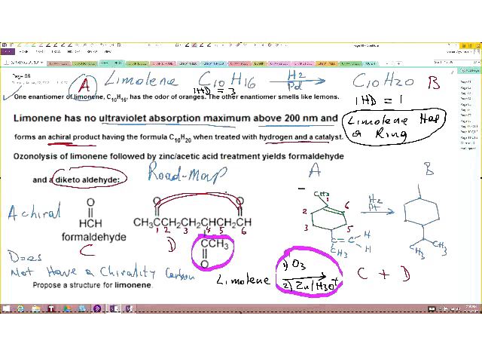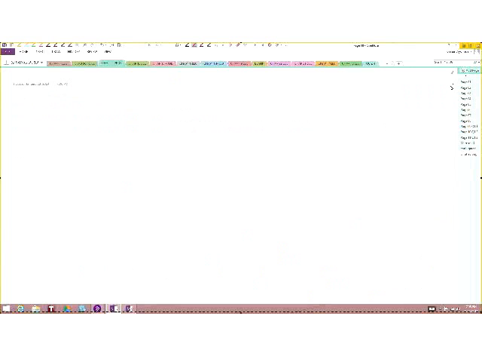Okay, before we leave chapter 14, I do have one other concept I want to share with you. This is polymer formation.